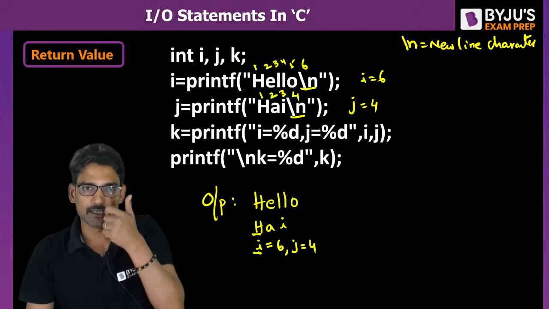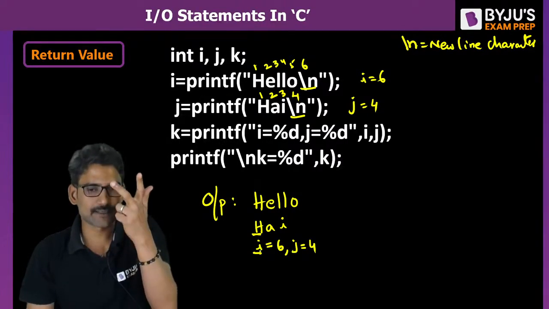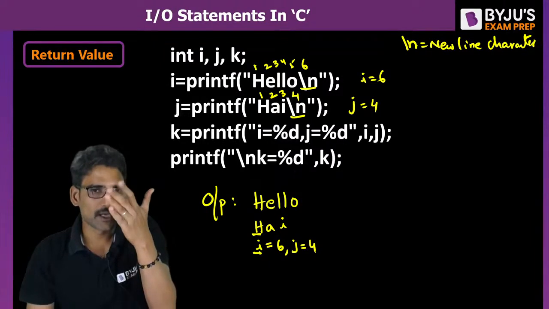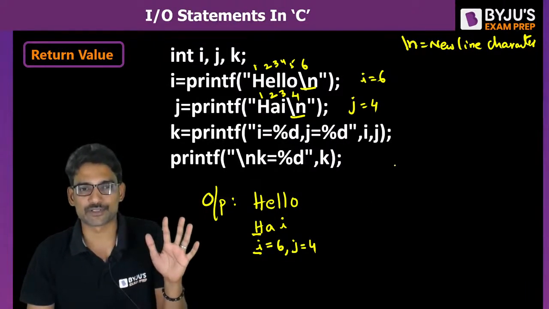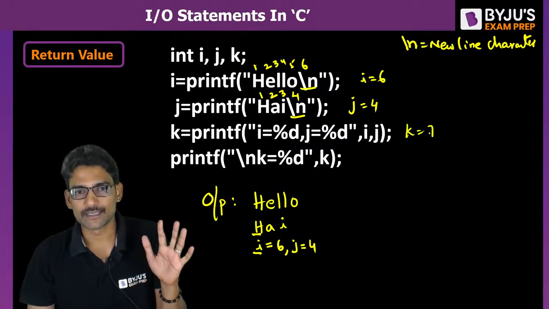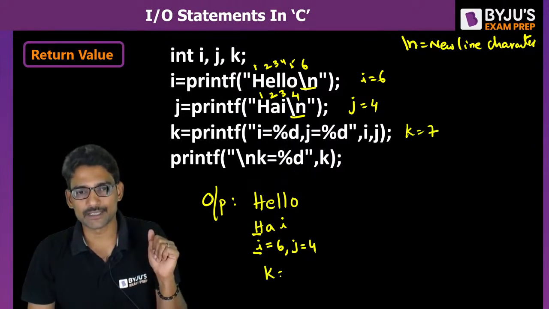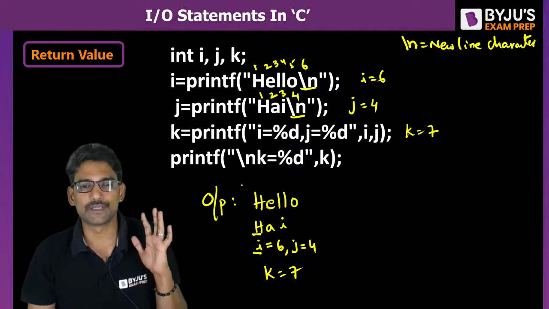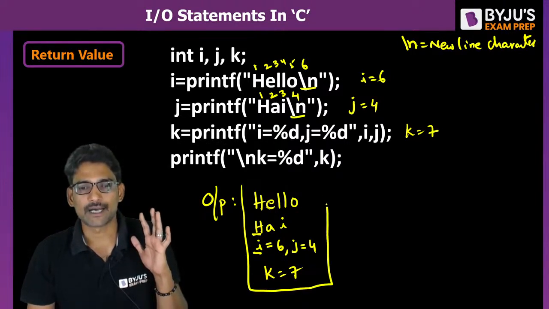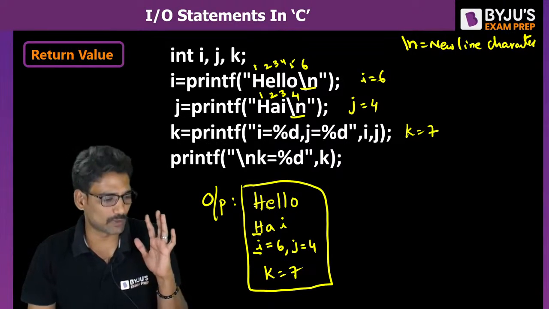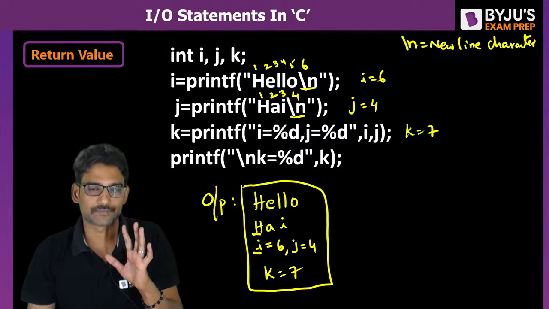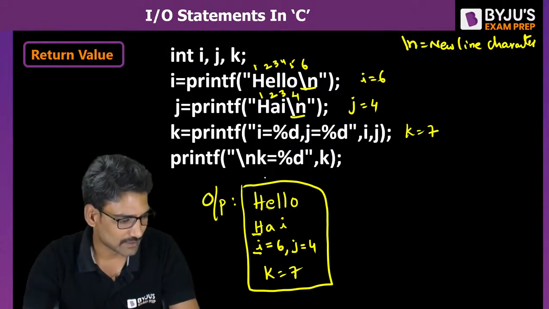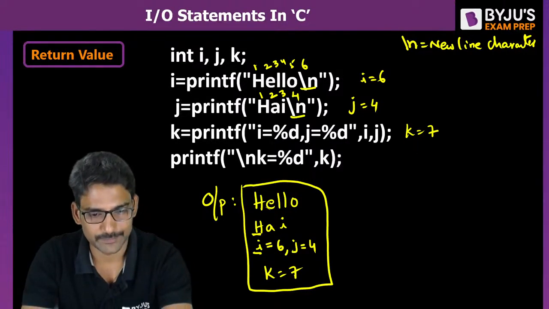Count i equal to 6, comma j equal to 4. So in total 7 characters it processed. So k would be 7. This would be the output: hello, hi, i equal to 6, j equal to 4, k equal to 7.